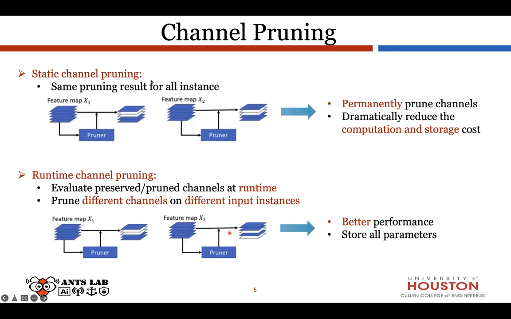Oh, okay. But the delay of runtime channel pruning should be higher than the static channel pruning, right? But it depends on how many channels you prune. If you can prune more channels, I think the inference time can also be reduced. Oh, okay, I see. Okay, thanks.